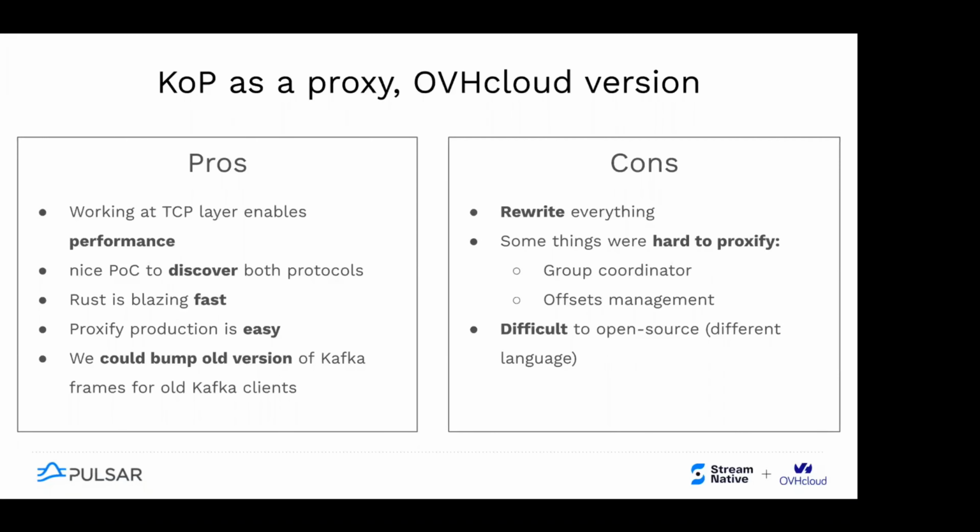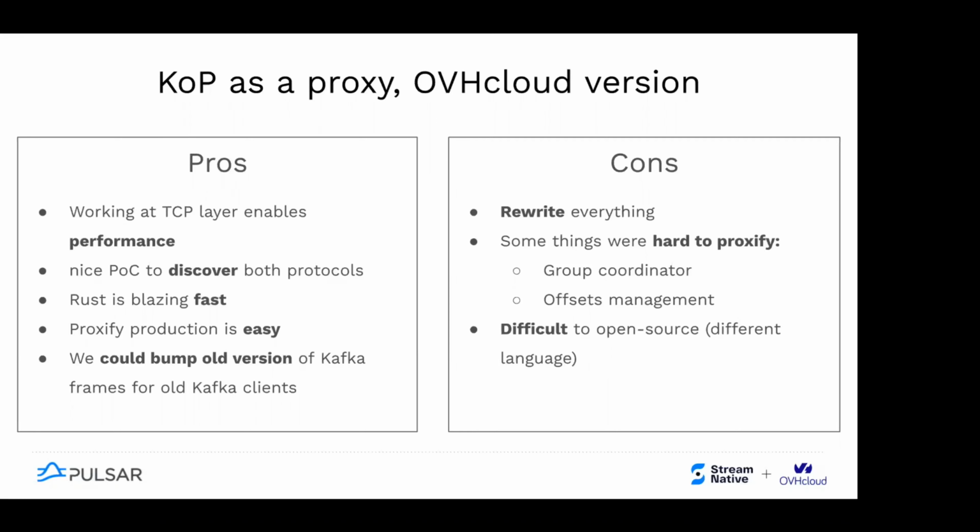One thing that we learned is that proxifying produce messages is really easy. And one thing that was really interesting is that we could bump old versions of Kafka frames for all Kafka clients. So we could add support for very old Kafka clients like 1.0 and just translate them into newer frames. So that was the good part.